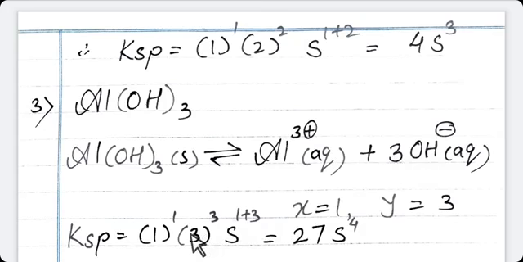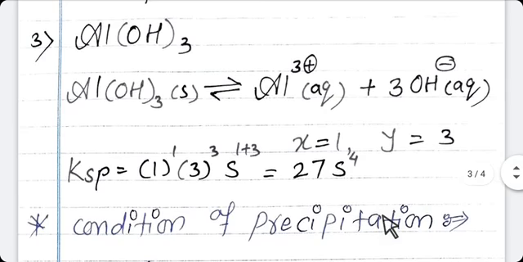So in the formula we will get 1 raised to 1, 3 raised to 3, and S raised to 1 plus 3. When we calculate this value, we will get 27s4. Ksp is 27s4. So this is nothing but a relationship between solubility and solubility product.